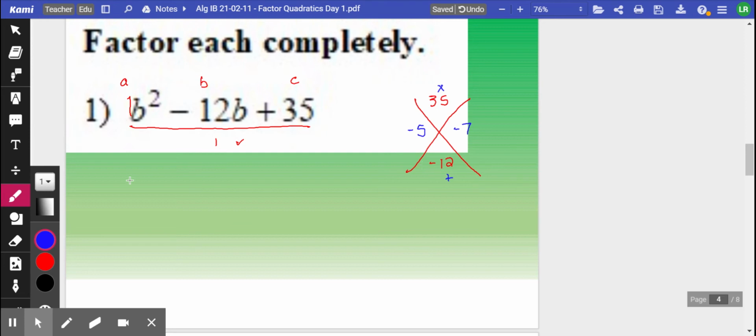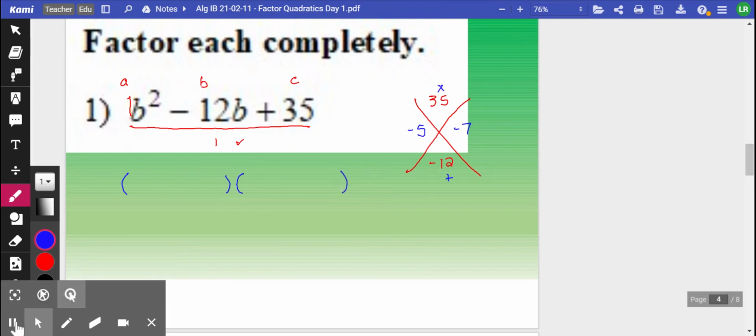And now we're going to put our wings out. Write your two parentheses. And inside the parentheses, now we start off at the beginning. You basically always write this part, the first part, what I call the AX.